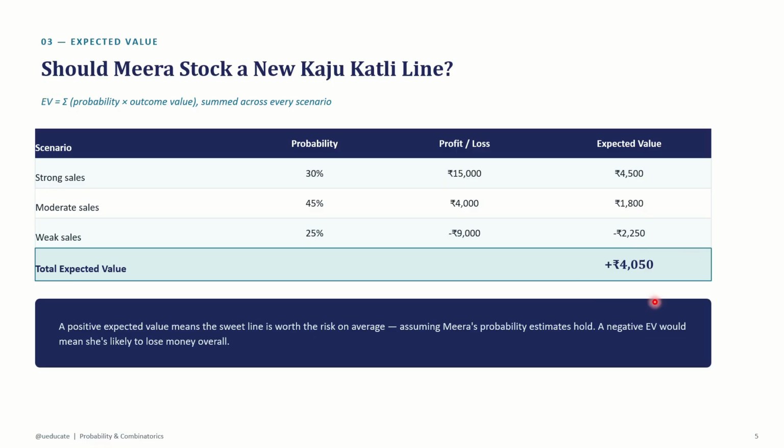Because the expected value is positive, stocking this new sweet line looks like a reasonable bet on average, assuming Mira's probability estimates are realistic. If the total had come out negative, that would be a signal to reconsider or negotiate better terms with her supplier before committing to a new stock line.